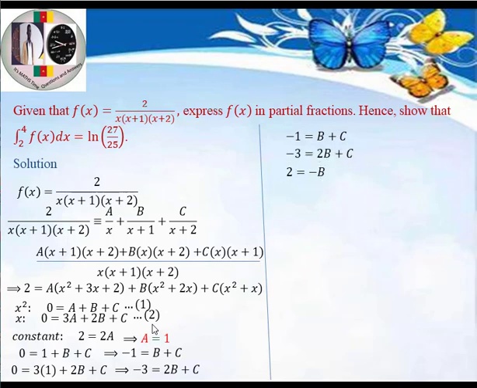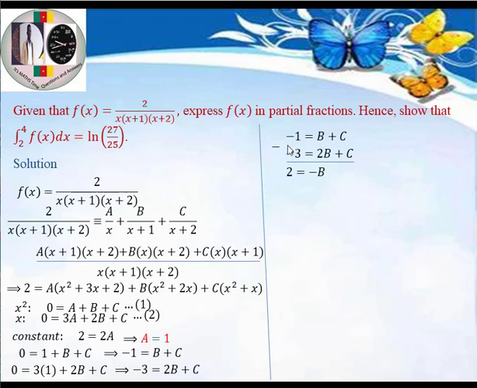So in this case, what can we do? We see that the coefficient of c in this equation is equal to the coefficient of c in this equation. So we can eliminate c by subtracting those two equations. So let's subtract and see. When we subtract these two equations, we are going to have minus 1 minus minus 3. So minus 3 will become positive.